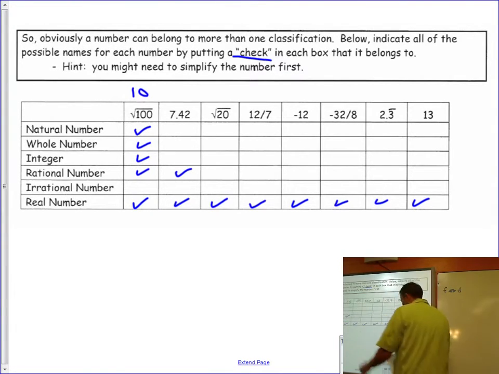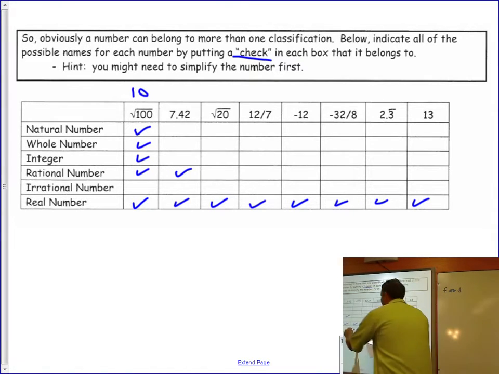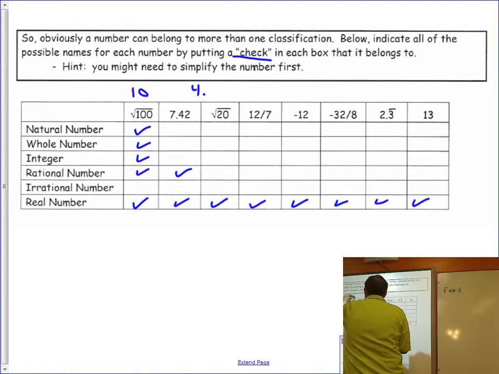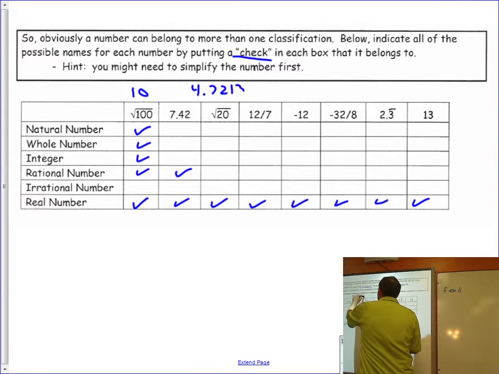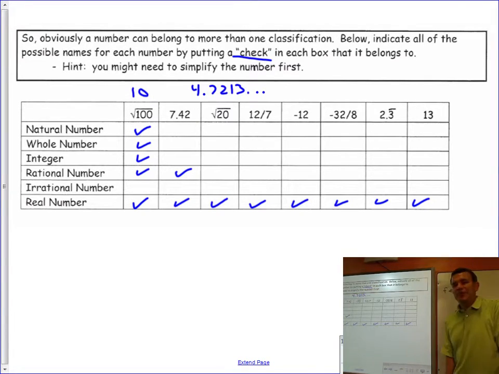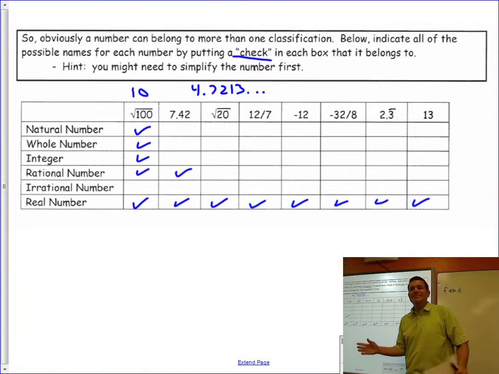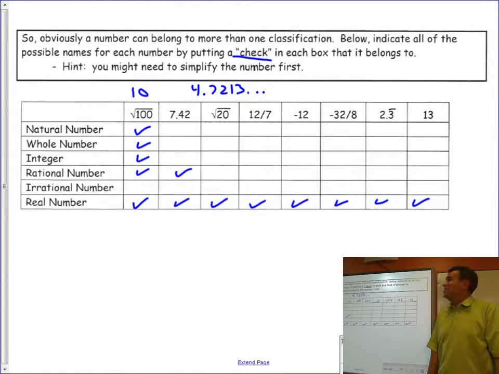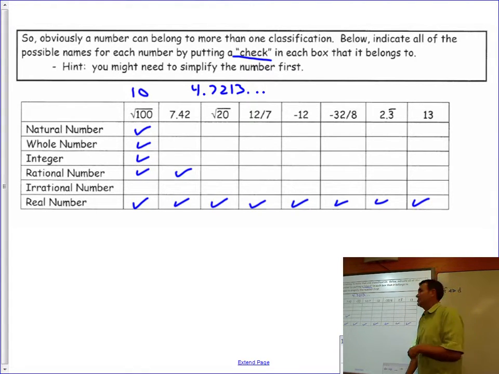The square root of 20, I typed that into my calculator and I found out that the square root of 20 is 4.7213, and that baby just keeps going. You know, 20 is not a perfect square. So the square root of it is a non-terminating, non-repeating decimal, better known as an irrational number.